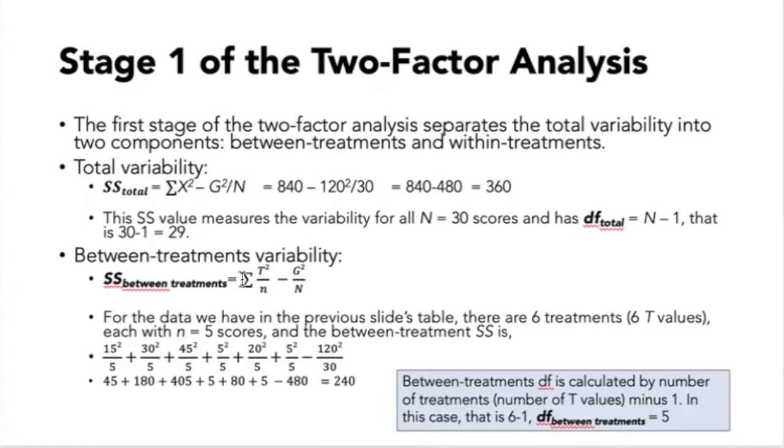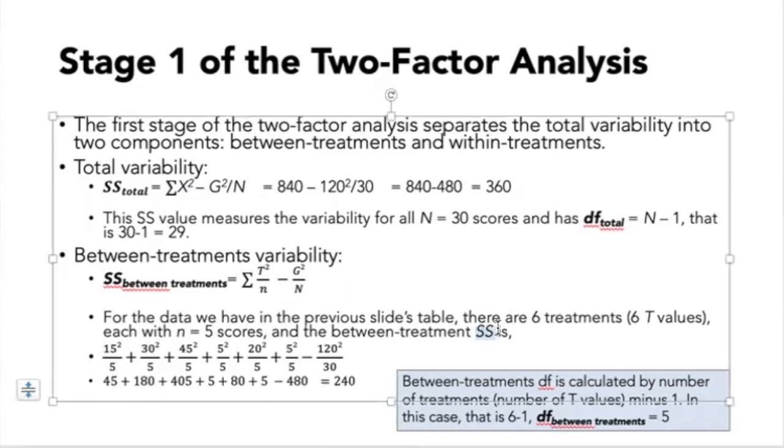That is sigma T squared over n minus G squared over N. Now, we already went through the data in the previous slide. There are 6 treatment conditions, each with 5 scores, and the between-treatment sum of squares therefore requires T squared over n to be computed for all 6 treatment conditions.